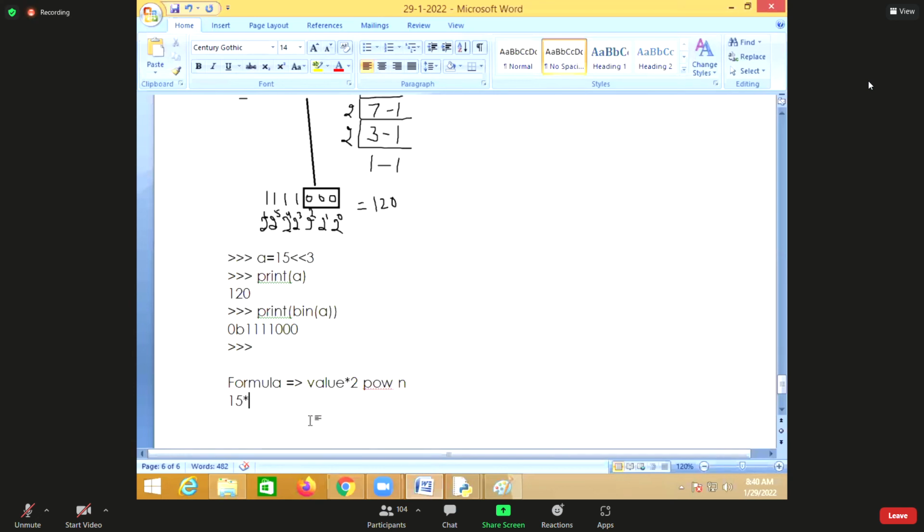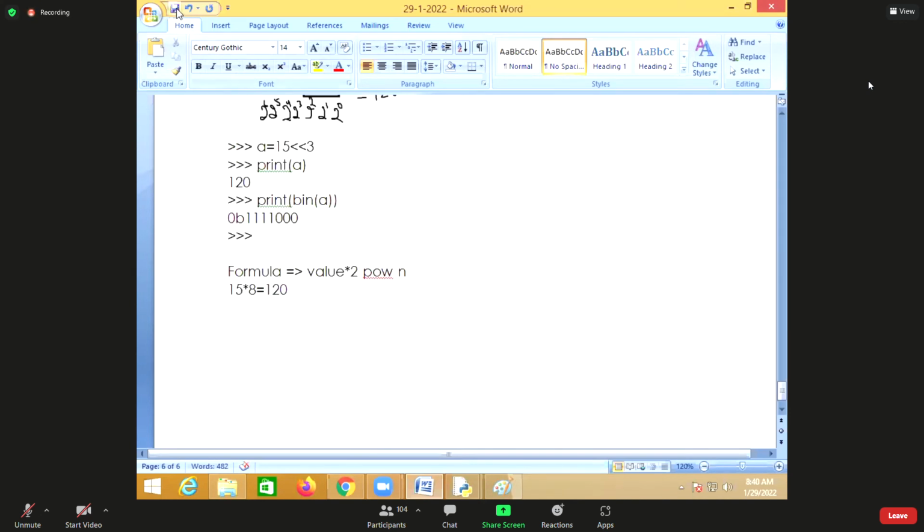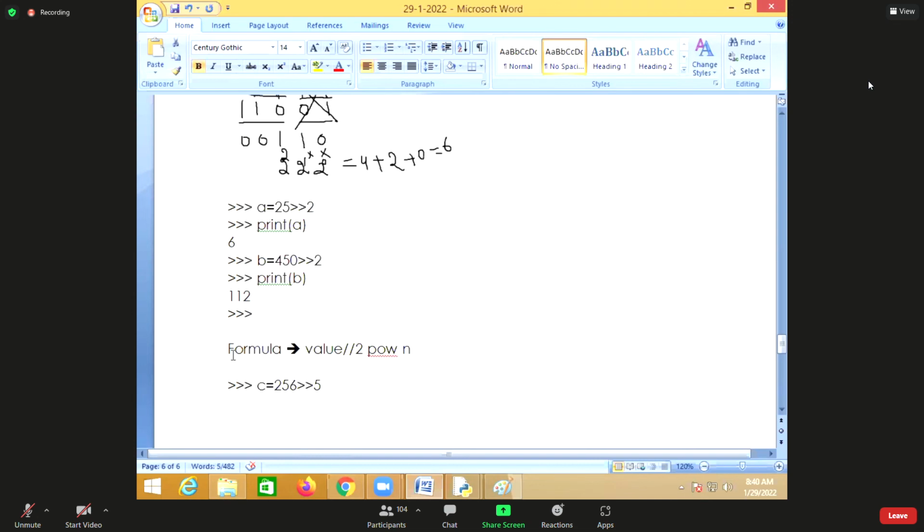So 2 to the power of 3 is 8. And 15 into 8 is 120. So you can simply apply the formula rather than converting and doing all the calculations. So remember this formula.